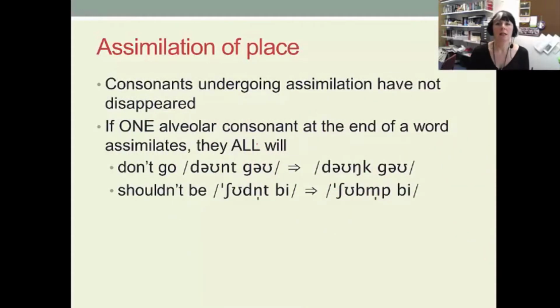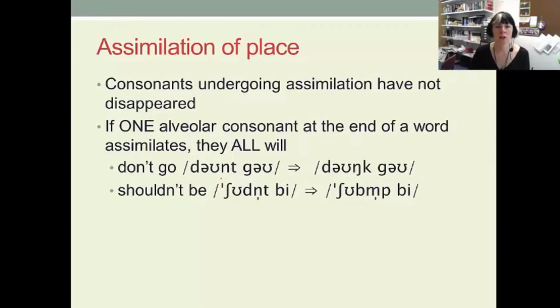Consonants undergoing assimilation have not disappeared. They're still there because they have to be there to have the effect on the preceding sound. Also, we need to note that if one alveolar consonant at the end of a word assimilates, they all will if there's a group of alveolar consonants.